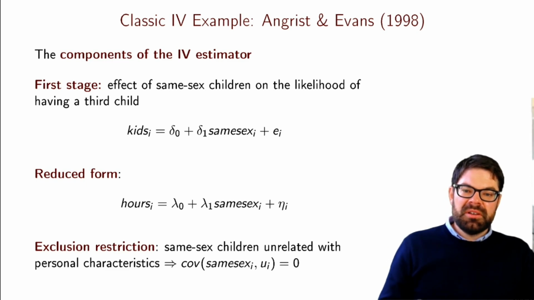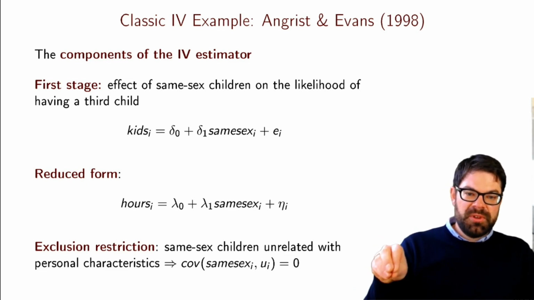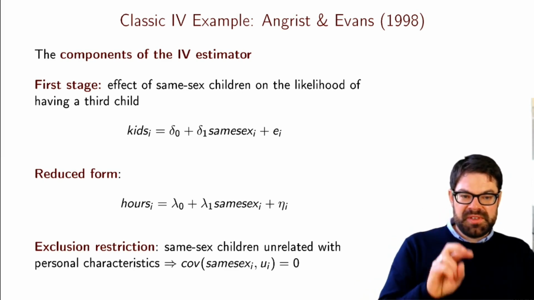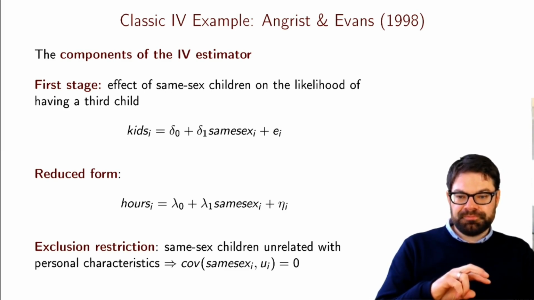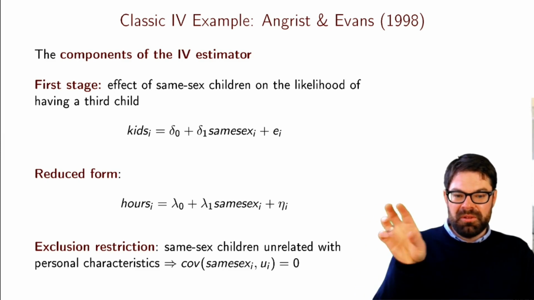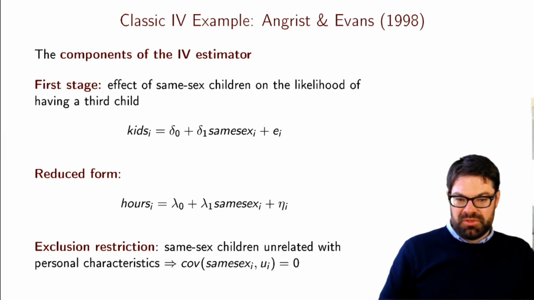So what we're doing here is the standard protocol. The first stage is the number of kids regressed on a dummy for whether the first two children were of the same sex or not. And then the reduced form is the number of work hours regressed on whether the first two children were of the same sex or not.